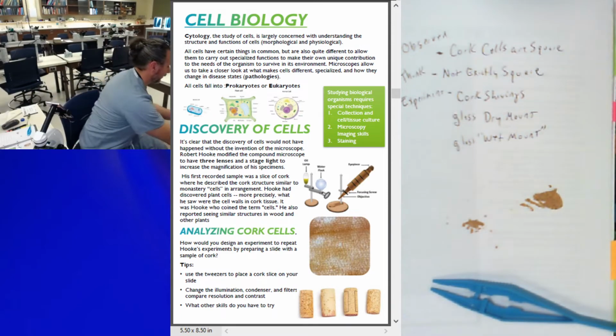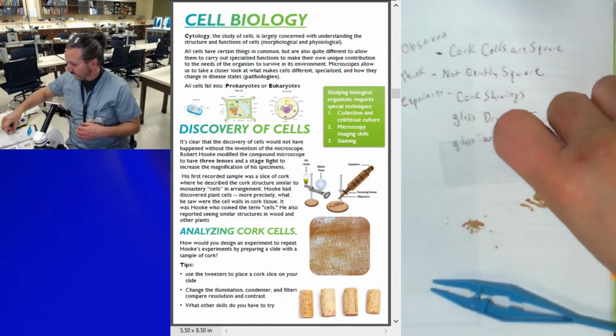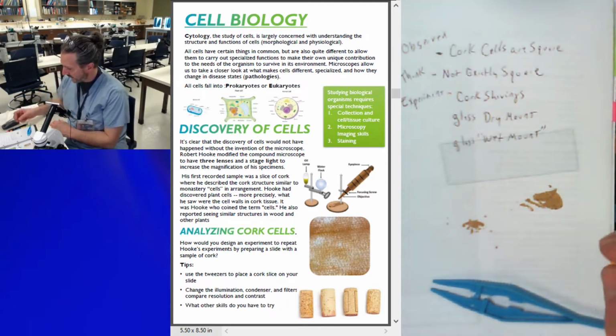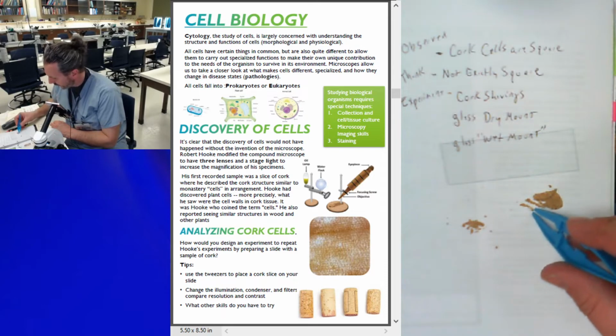I'm going to come over here to the toolbox. Glass slide. Put it down. I'm going to take my tweezers, and I saw that really thin piece that I really liked, super thin.